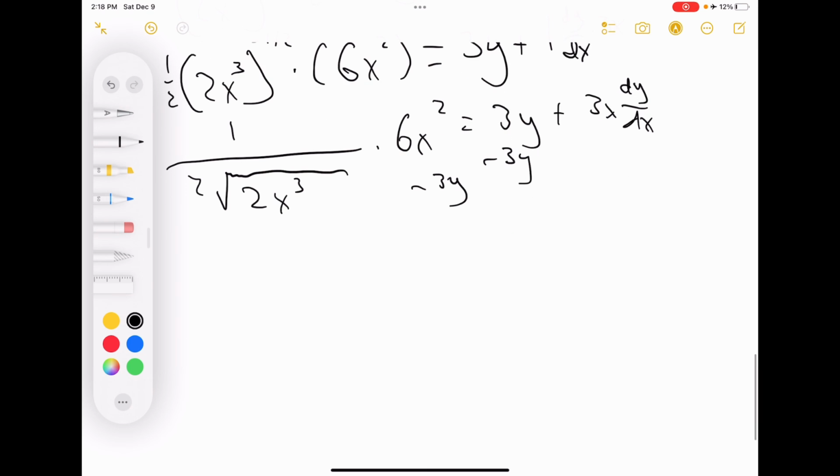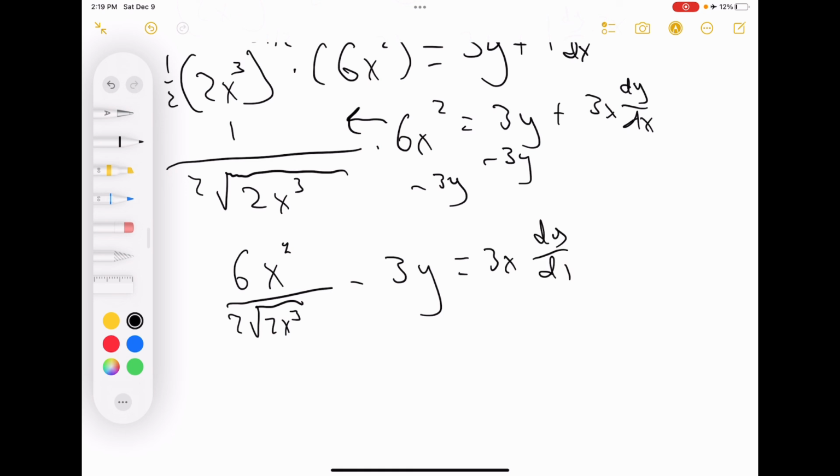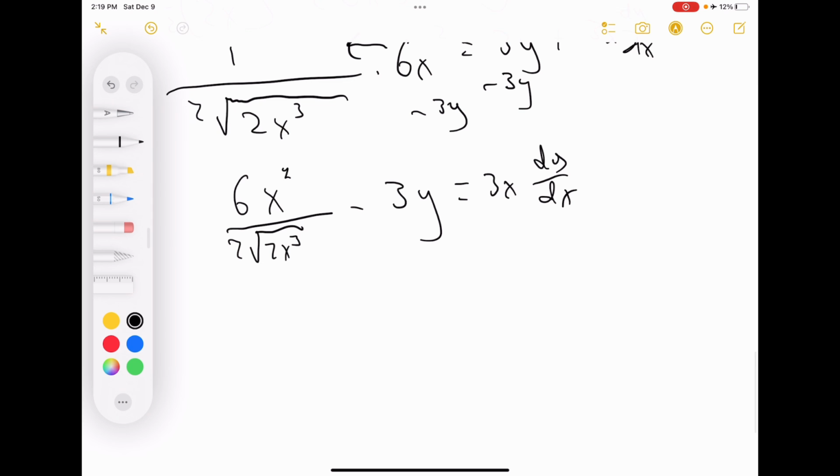So now we have, and I'm going to combine this together, 6x squared divided by 2 square root of 2x cubed minus 3y is going to be equal to 3x dy dx. Divide both sides by 3x.